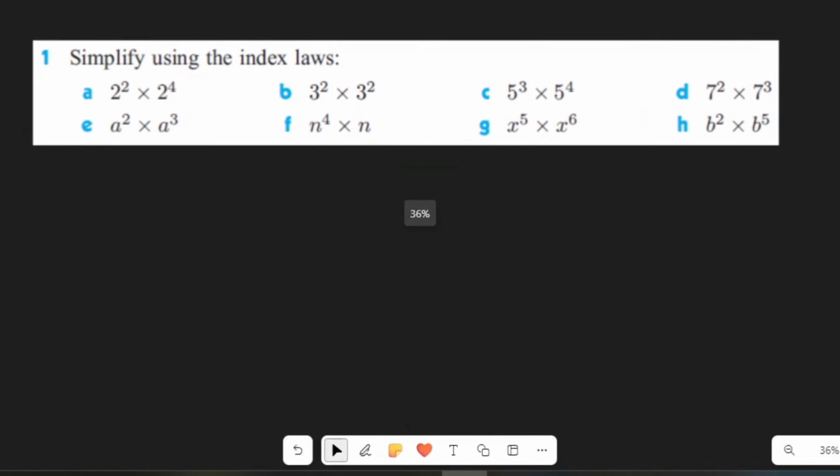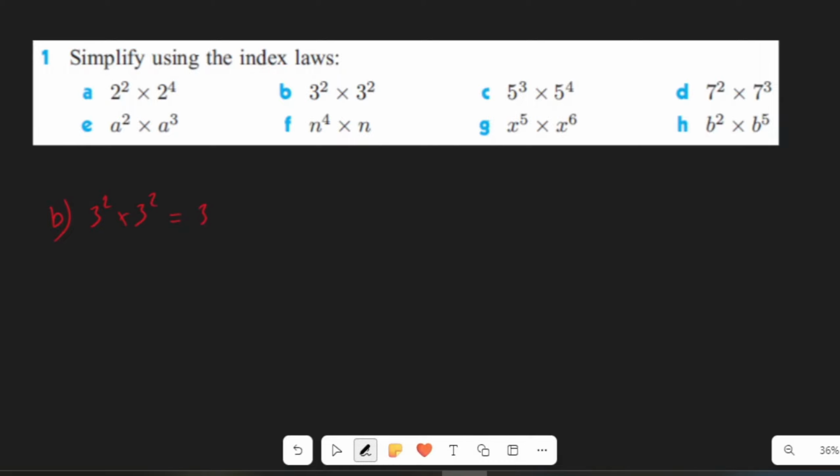Okay, let's choose a random example. Let's go for B. So we have 3 squared times 3 squared.